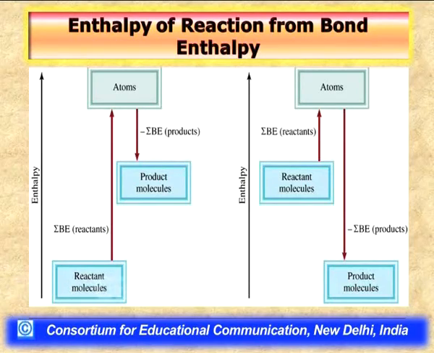We can only determine approximate values of enthalpy change for a desired reaction. Why approximate? We need to understand it from the definition of bond enthalpy itself. Let us consider methane gas, in the gaseous state under standard conditions.